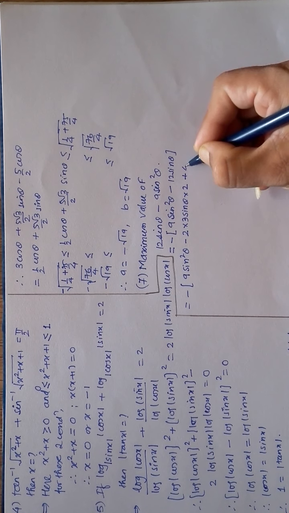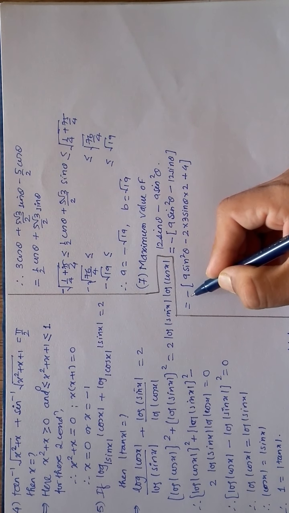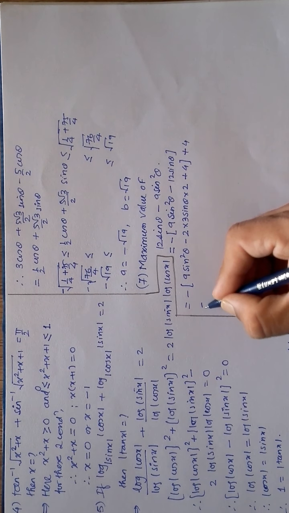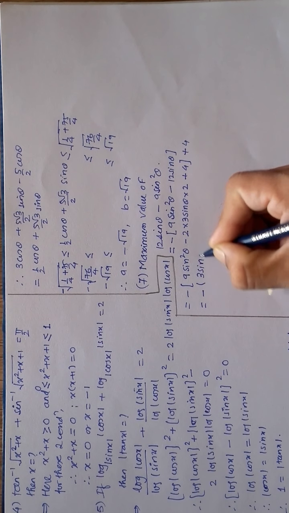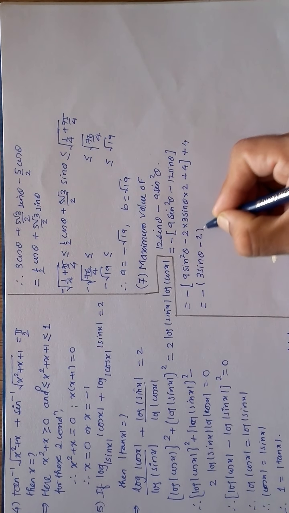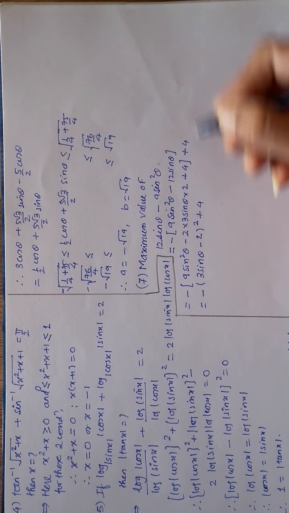If I write here 4, in short I have taken minus 4 with the minus sign outside, which means I have to remove that 4 also. So it becomes minus into bracket 3 sin theta minus 2 the whole square plus 4.